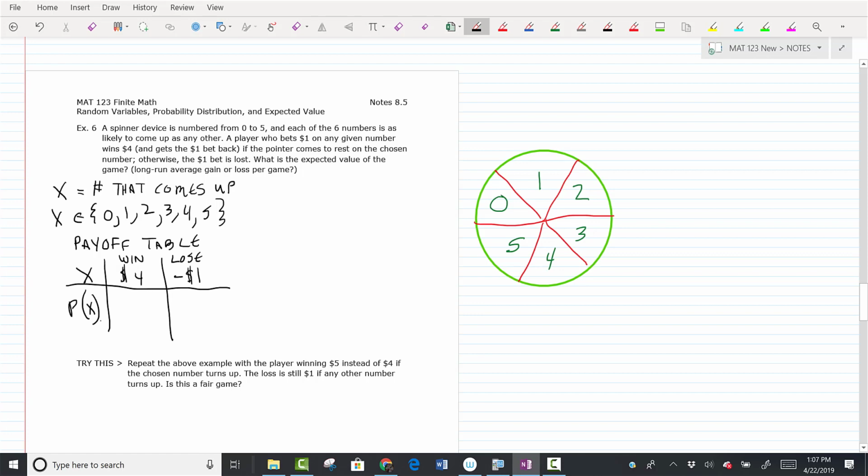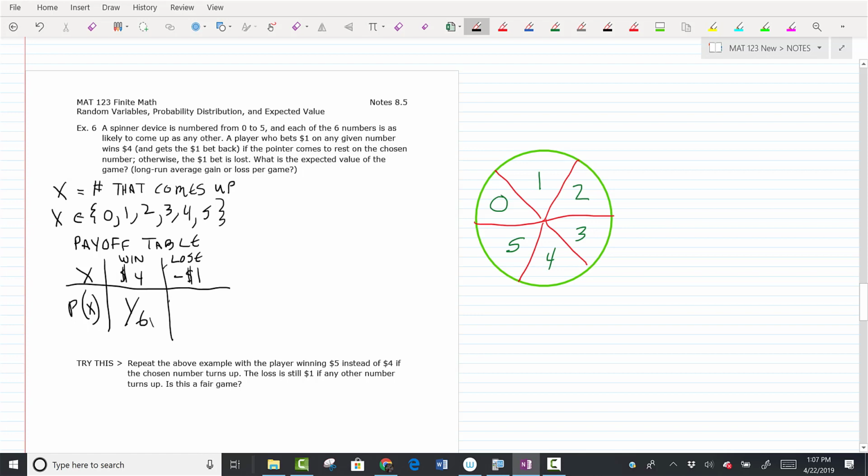Okay, so here's how the game works. I say, I predict we're going to get a 4. What's the probability of me getting a 4 on that spinner? 1 out of 6, right? The probability of any individual thing is 1 out of 6. So the probability of winning this game is 1/6.